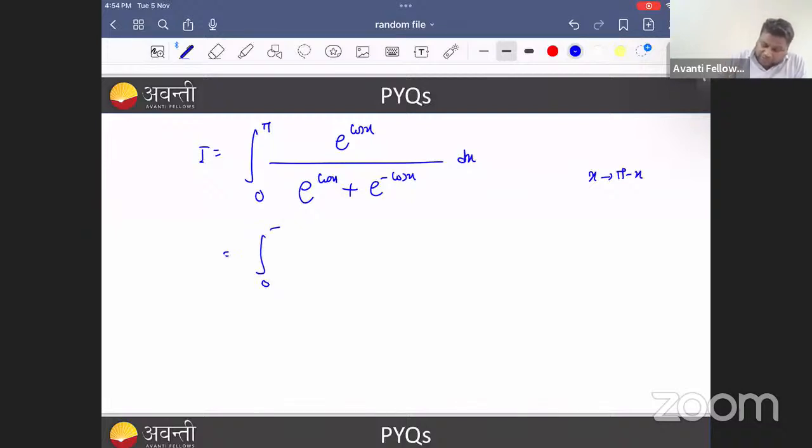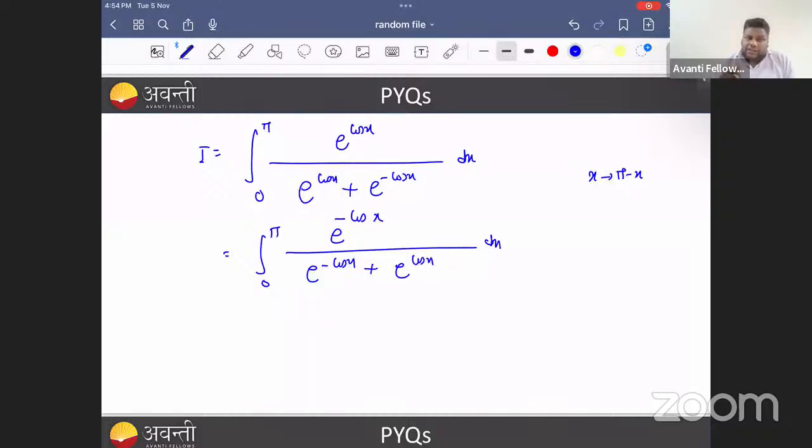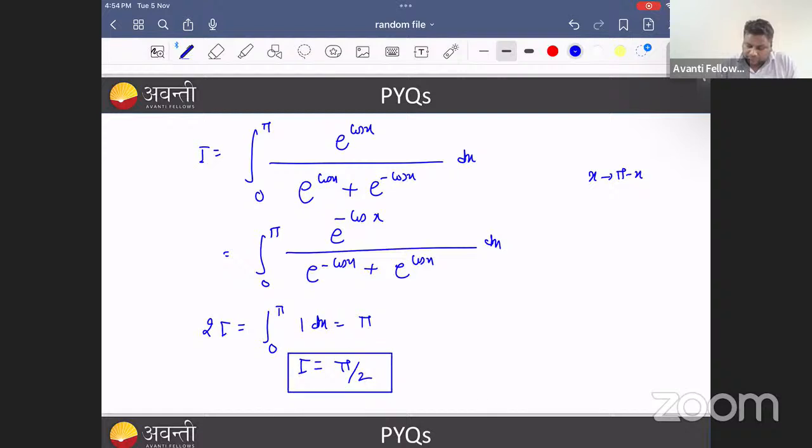So it will be 0 to pi e to the power cos(pi minus x), which will be minus cos x, upon e to the power minus cos x plus e to the power cos x. Now if you see, their denominator is same. So if I add both of them, I will get 0 to pi 1 dx. Answer will be pi. So I is pi by 2. Got it?